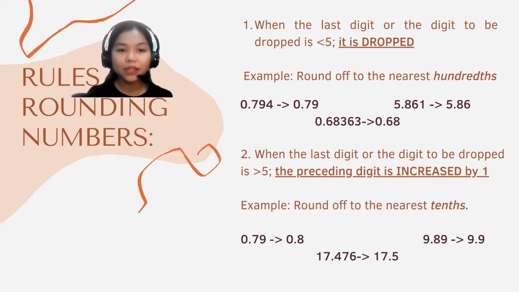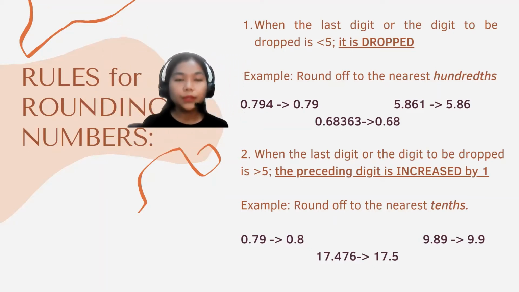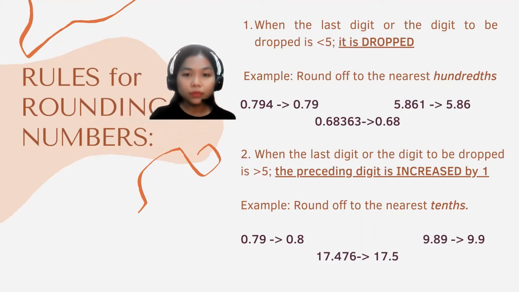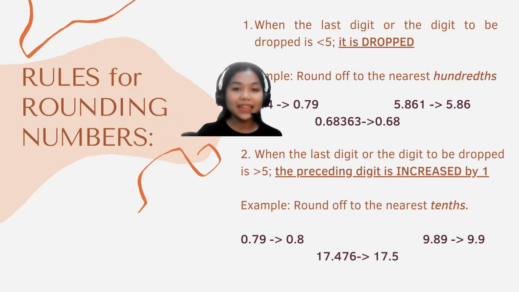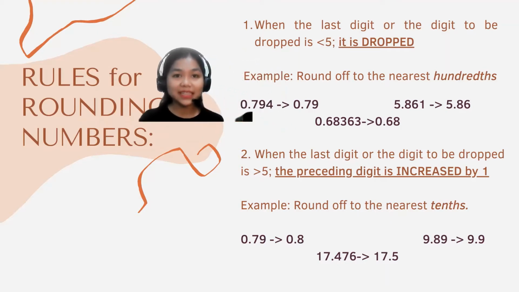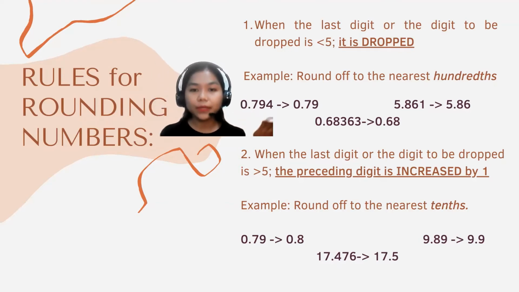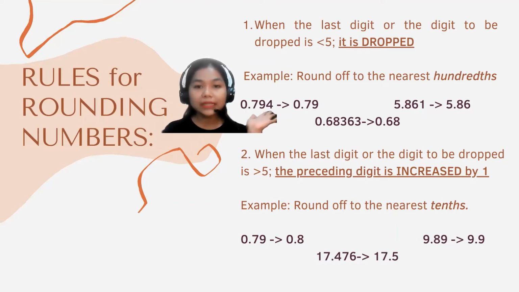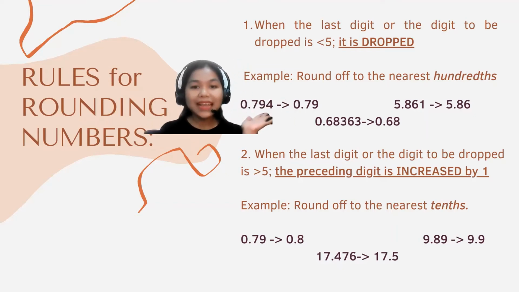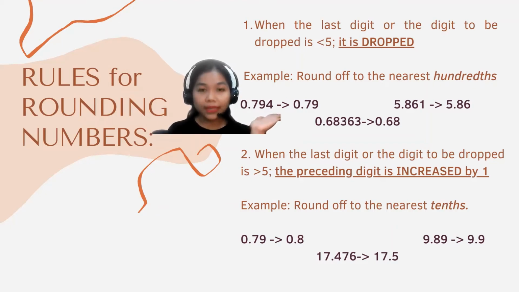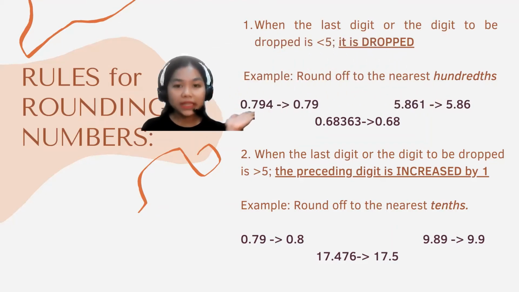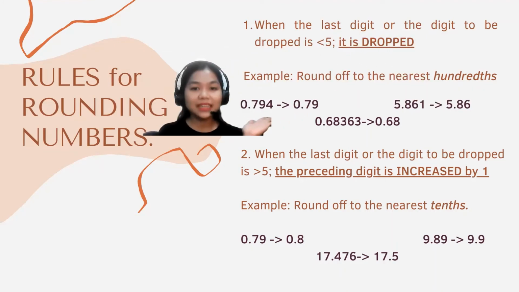So let's have these values as an example. We were tasked to round off the following values to the nearest hundredths. Nearest hundredths means 2 decimal places, because we're starting with tenths, hundredths, and thousandths. So we have this value here, 0.794. The last digit is 4. And we are required to round this value to the nearest hundredths.